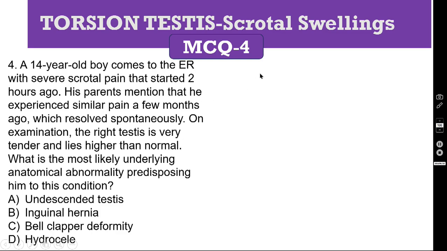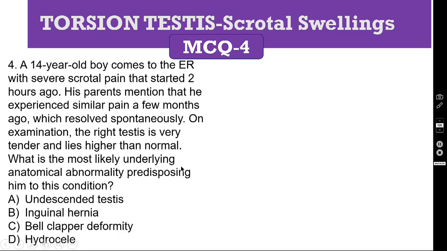Coming to MCQ number 4: a 14-year-old boy comes to the ER with severe scrotal pain that started 2 hours ago. His parents mentioned that he experienced similar pain a few months ago, which resolved spontaneously. On examination, the right testis is very tender and lies higher than normal.